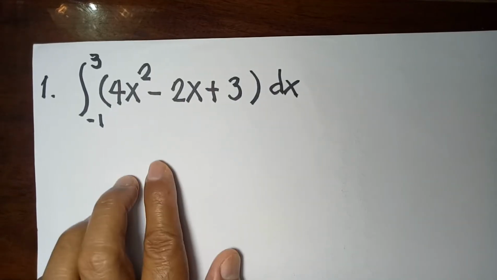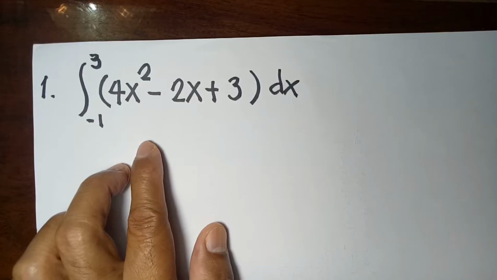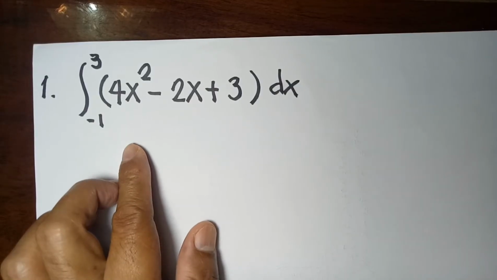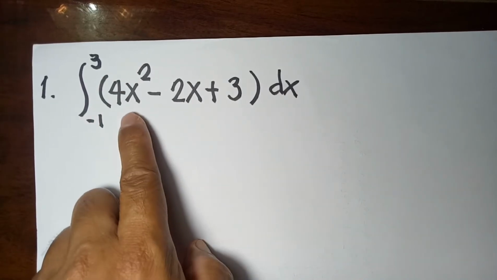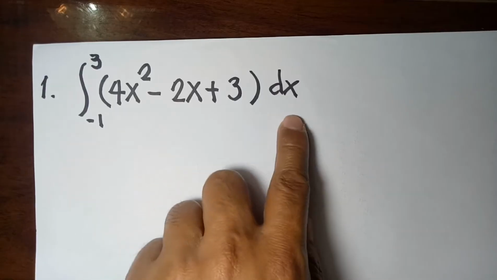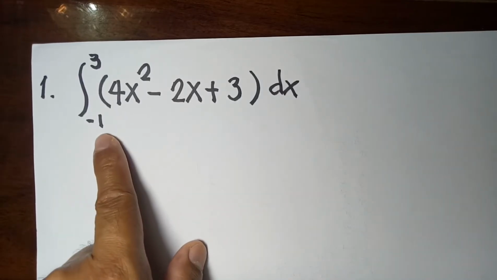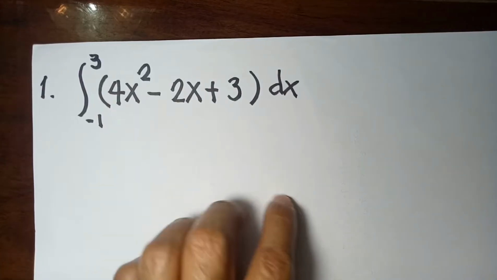Okay, so let us have example on how to evaluate definite integrals. Ano? So this is our example number 1. The integral from negative 1 to 3 of 4x squared minus 2x plus 3 dx. So yung ating a ay negative 1 at yung b naman natin ay positive 3.